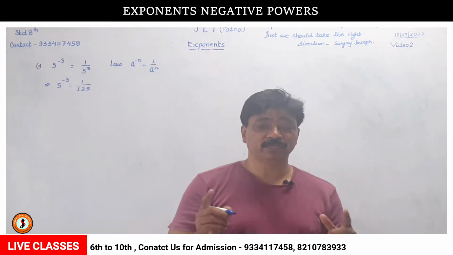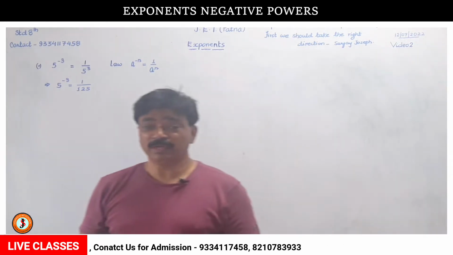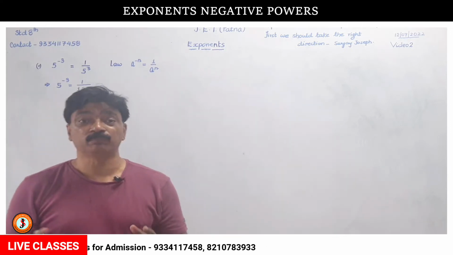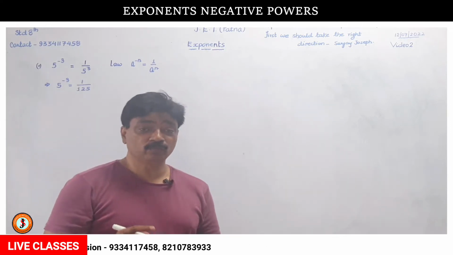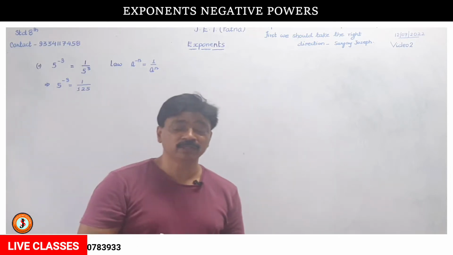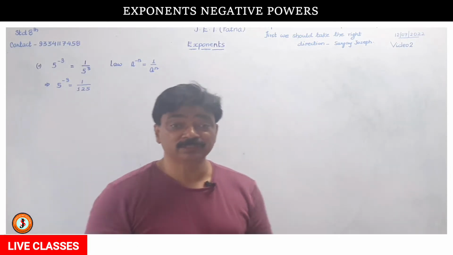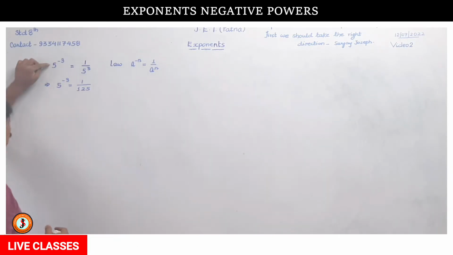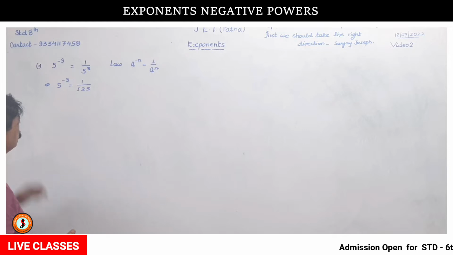First attempt should be that the exponent power should be made positive, but if it is in the numerator, we have to put it in the denominator. The whole exponent goes down and only the negative power of the exponent changes to positive. Have a look. The whole expression, whole number goes down, but the only change you see is the negative has become positive over here.